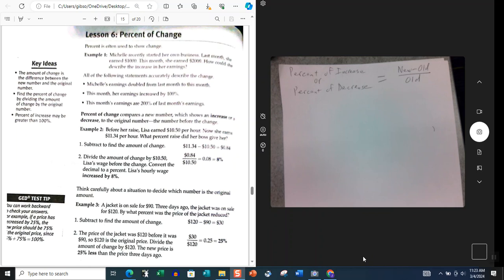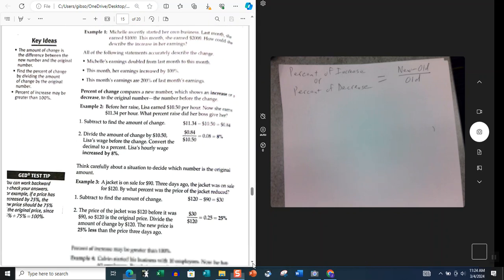Because when you're doing percent of decrease, it's already considered to be a decrease, you do not have to write the negative number. This is the only situation during this course, as far as I could see, where you will not write the negative sign. You would just keep everything positive.